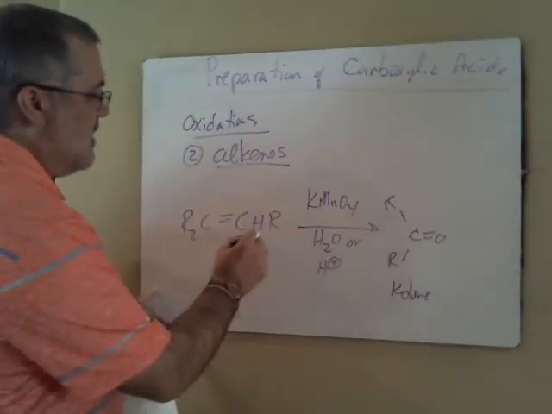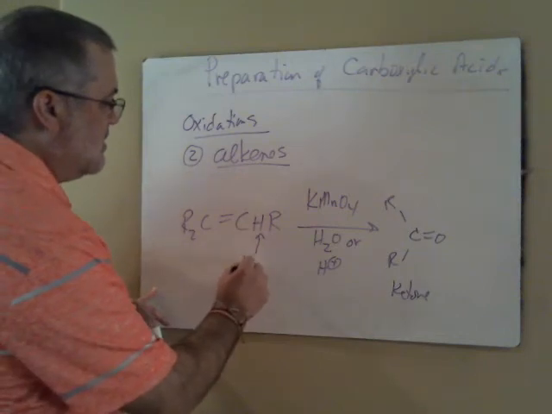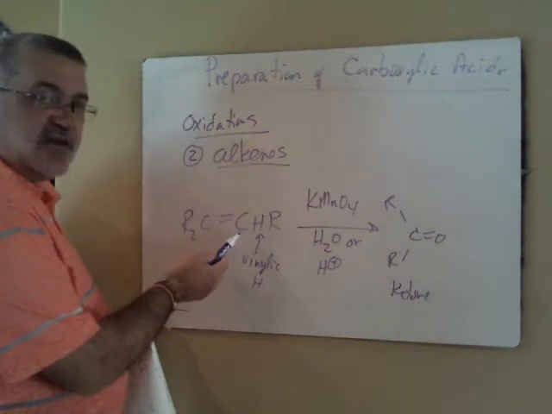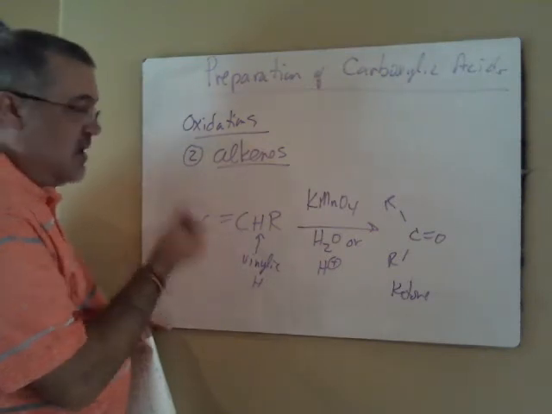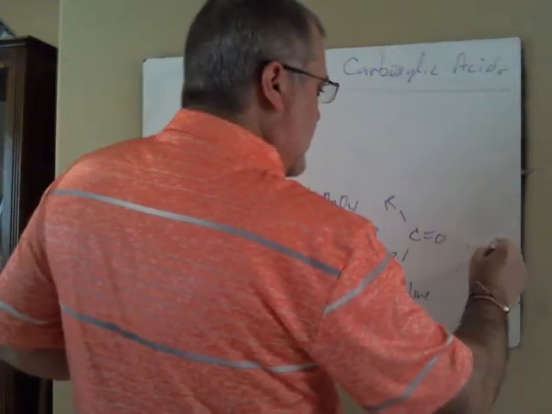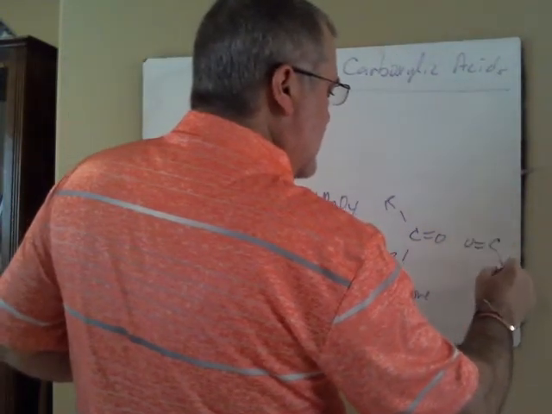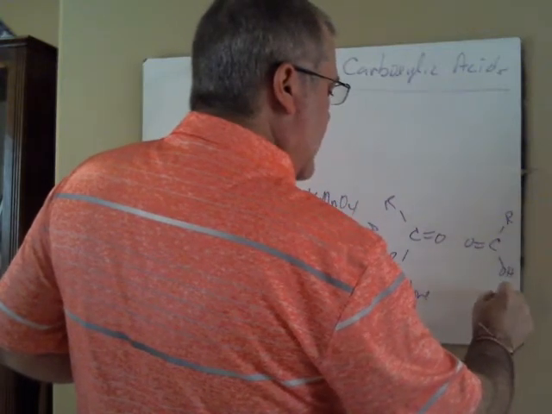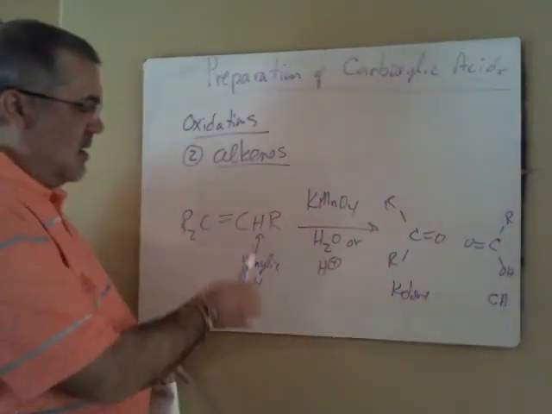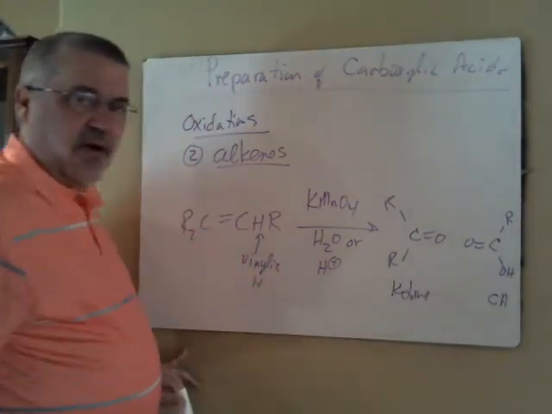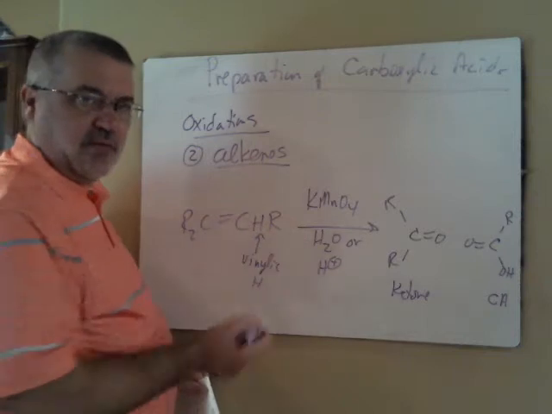But if you have a vinylic H, so in other words, an H attached to the alkene carbon, under potassium permanganate conditions, then when you do the cleavage, you will cleave to the carboxylic acid. The vinylic hydrogen, you oxidize all the way to the carboxylic acid if you're using permanganate.